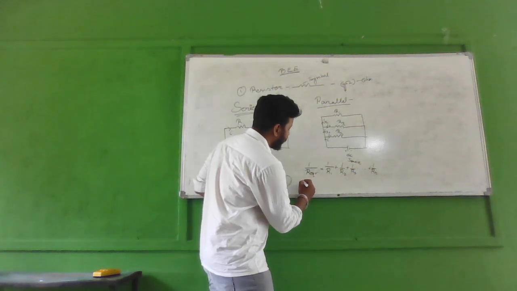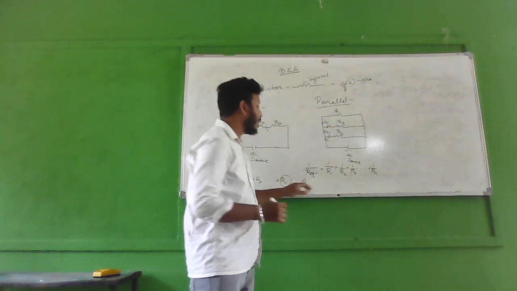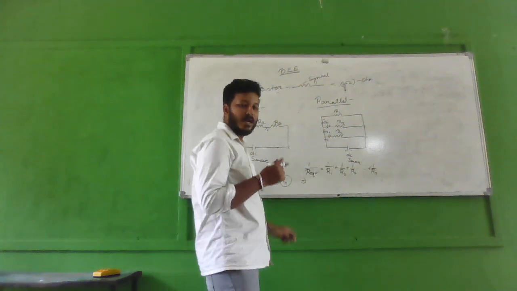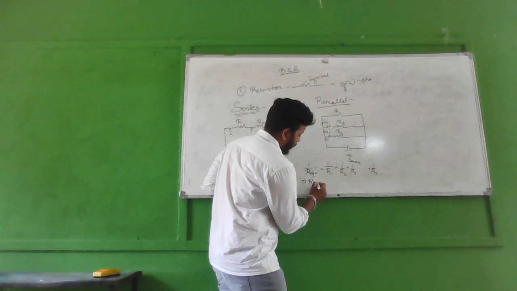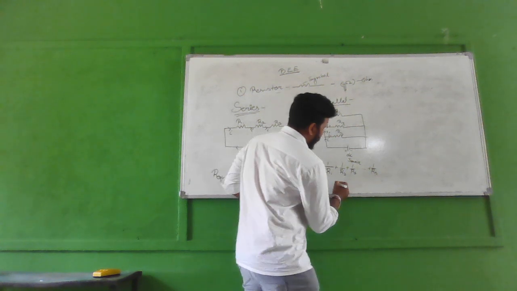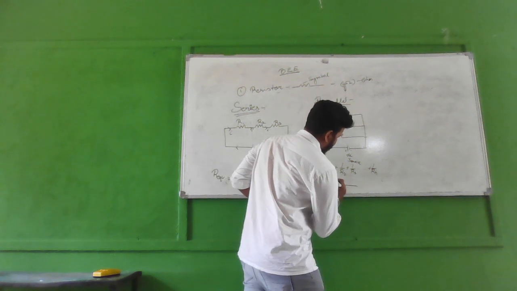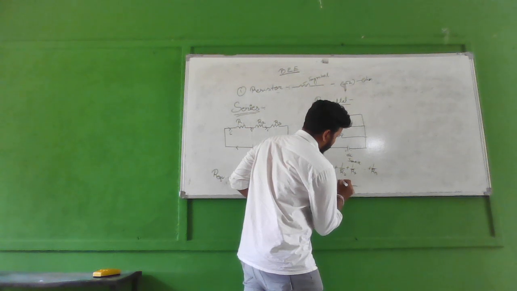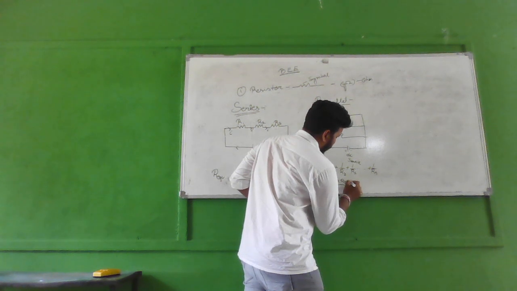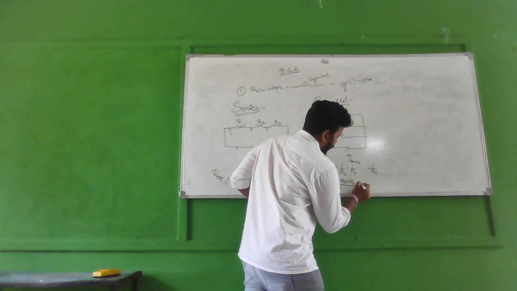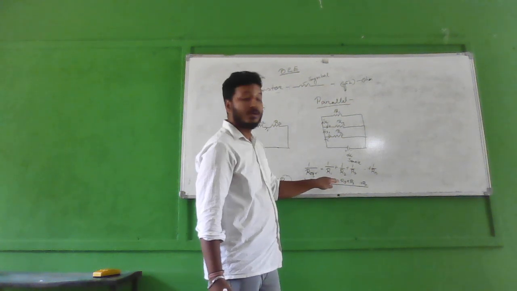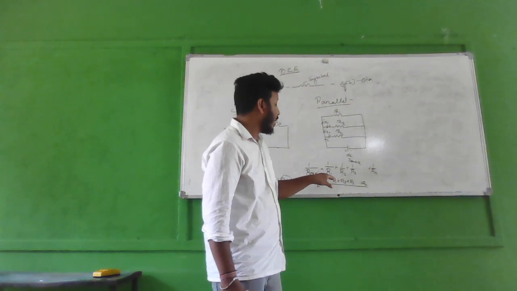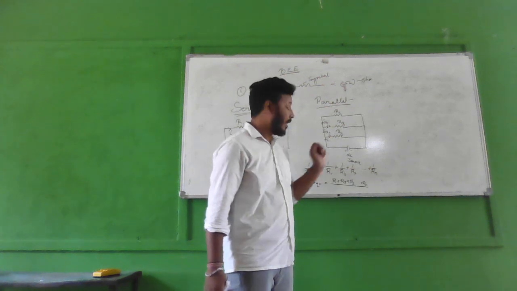So how do we find R equivalent? In the numerator, we multiply R1, R2 up to Rn.